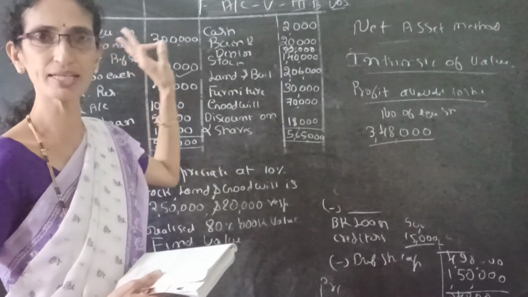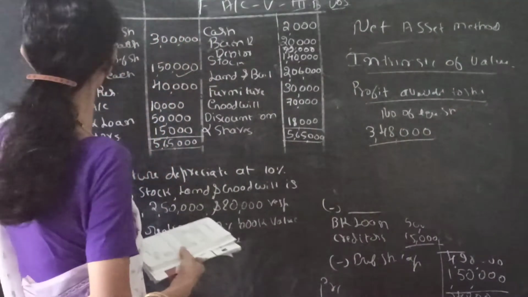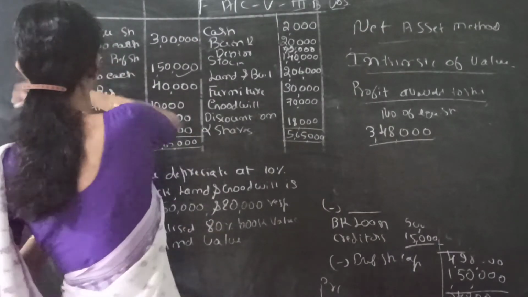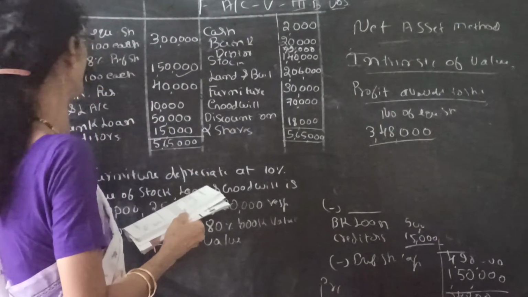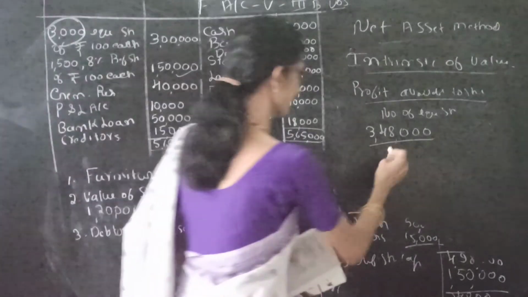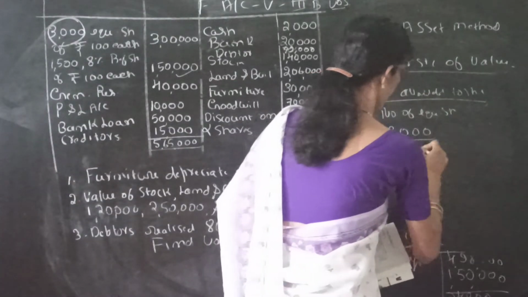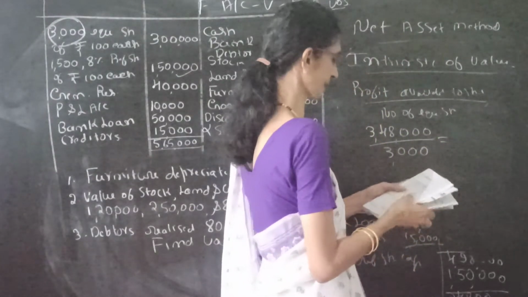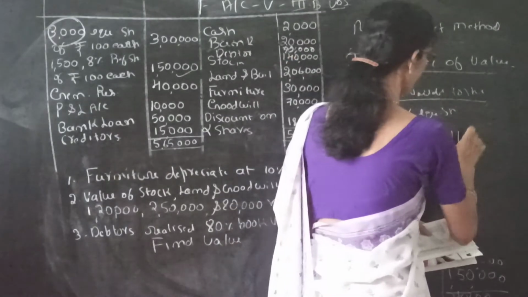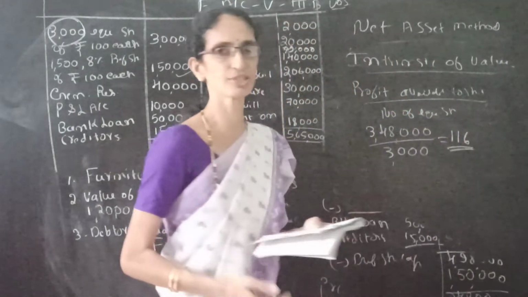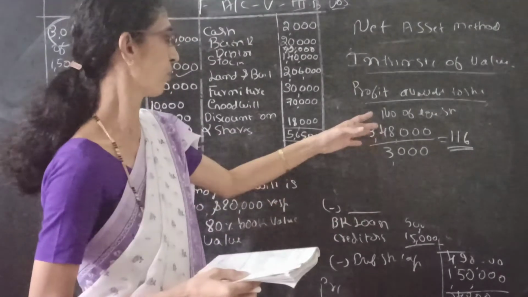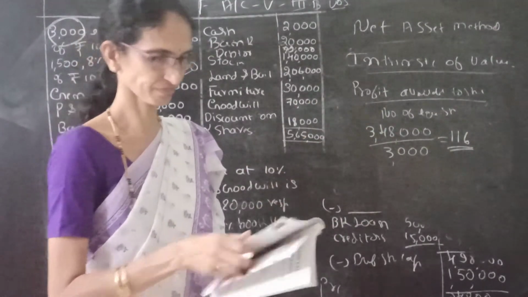It is 3,48,000, already calculated, the amount available to shareholders, divided by the number of equity shares. See the balance sheet, it is given 3,000 equity shares of rupees 100 each. So the number of equity shares is 3,000. So the value of shares under the net asset method is 160.